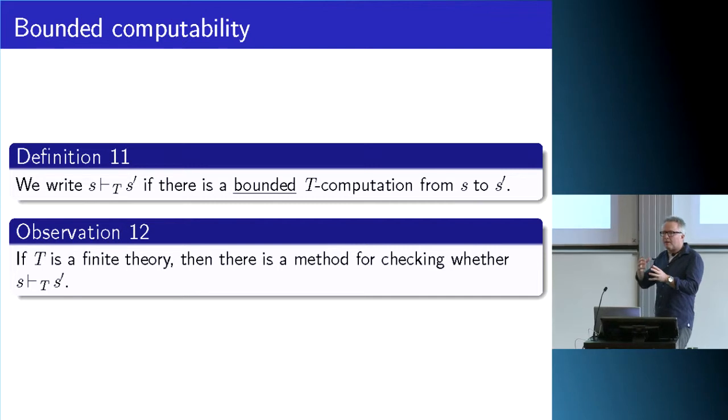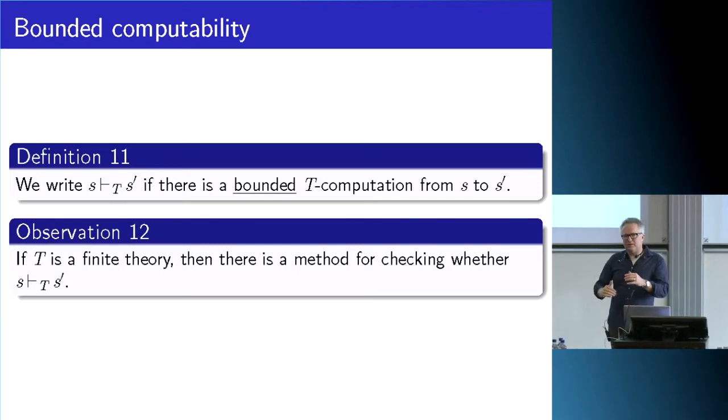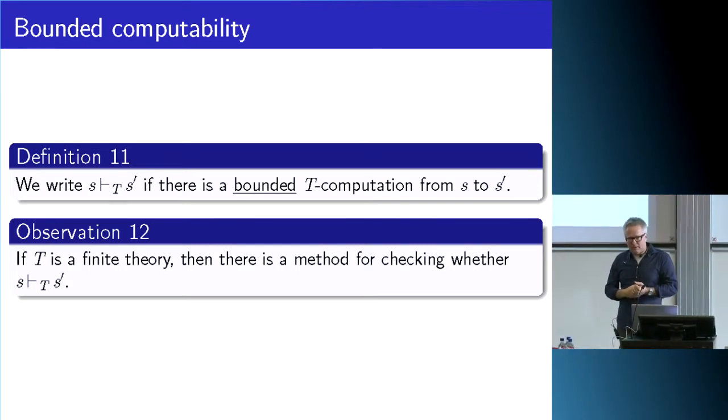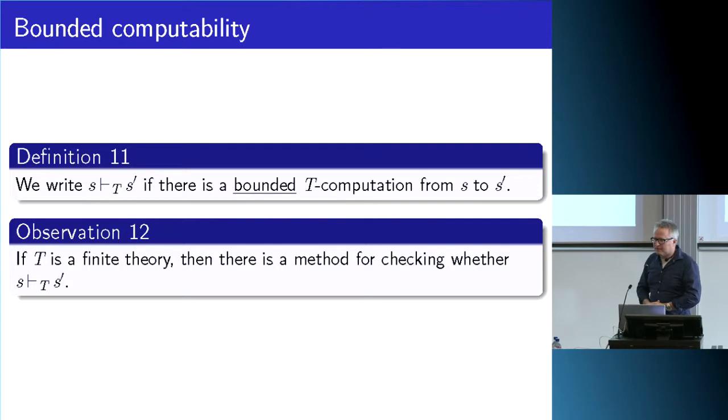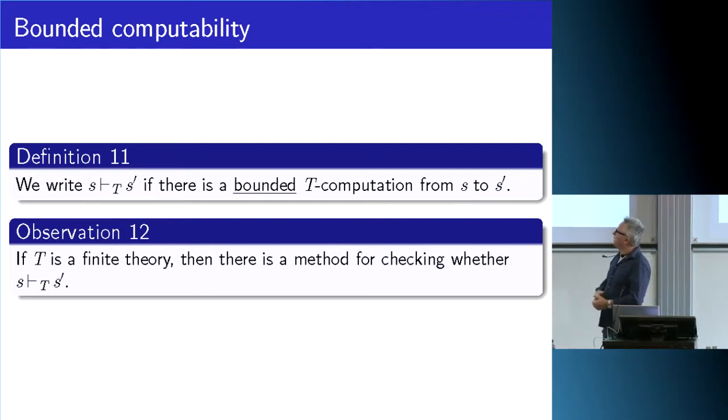So then we can use some axioms, and then we can start making computations using those axioms with our bounded resources. And the good thing about moving to bounded resources is this observation there.